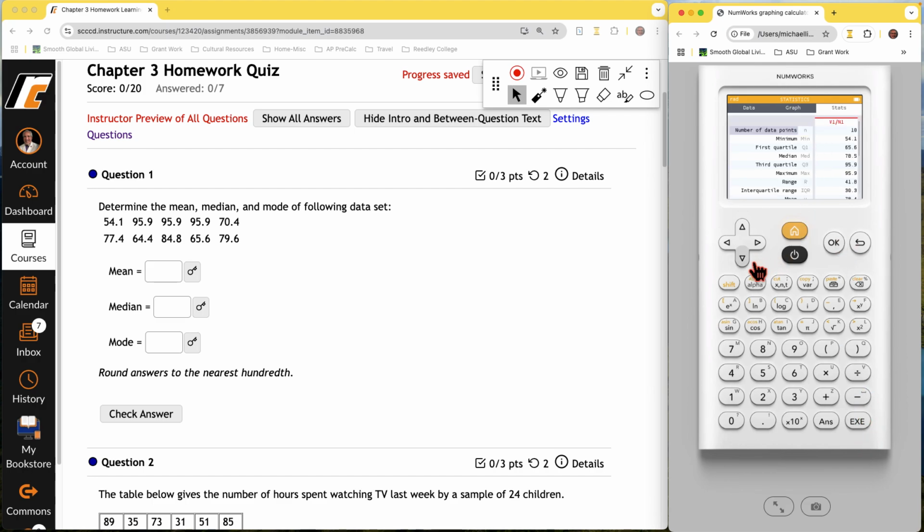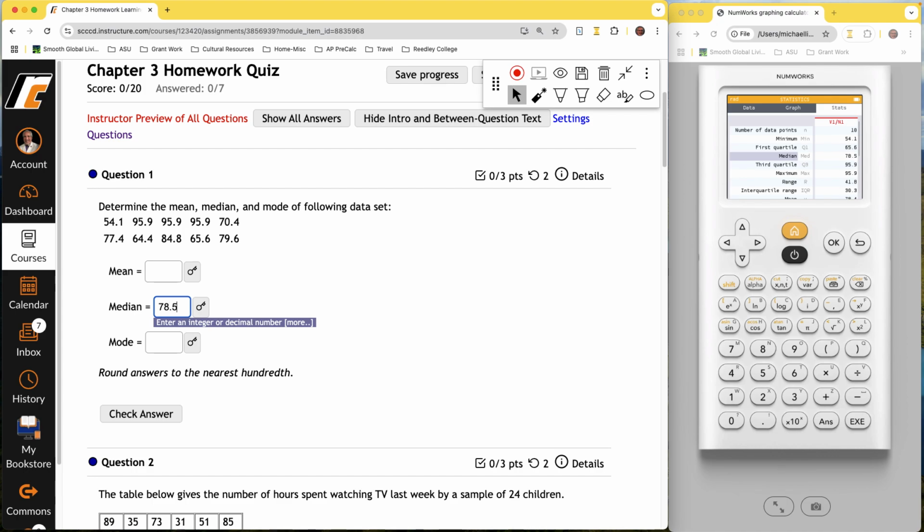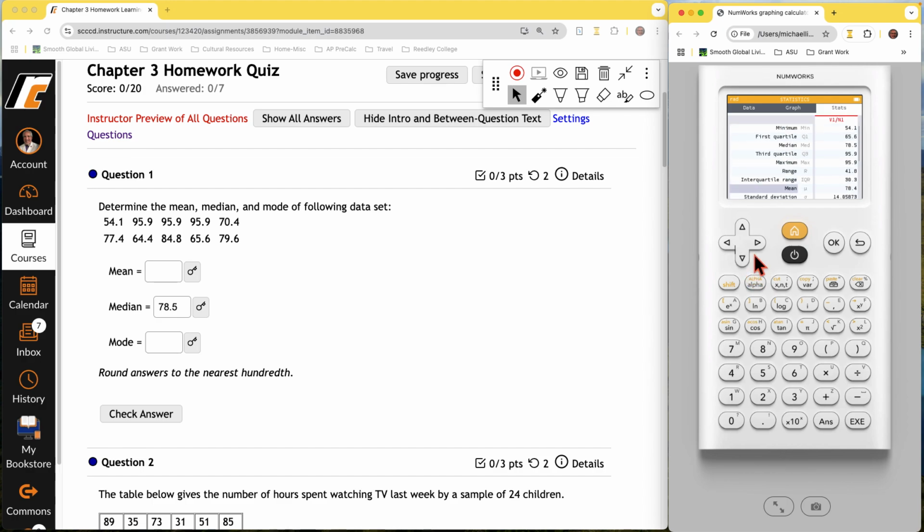And this gives us all the information we need. We'll talk about all these eventually, but here's the median number is 78.5. So the median we can enter here, 78.5. Find it for us. We arrow down, keep going, we get the mean is 78.4. 78.4.